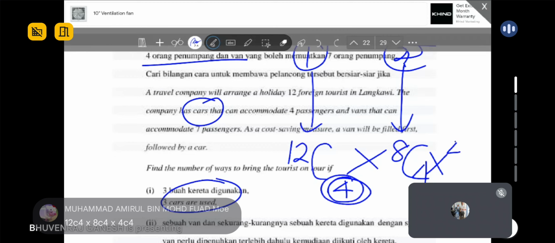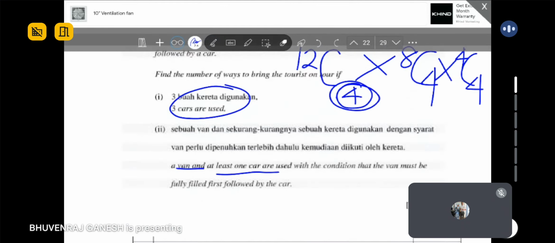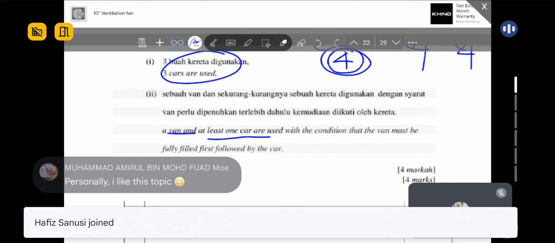Okay, times 4C4. Boleh tak guys? Do you see the order? 12 minus 4, 8. Then you choose 4 again. Pilih 4 lagi. 8 minus 4, 4. So 4C4. Sebab setiap kereta dia boleh muatkan 4 orang. 4 passenger. Okay? So you guys just press calculator lah. Tekan calculator, so you will get the answer 34650.